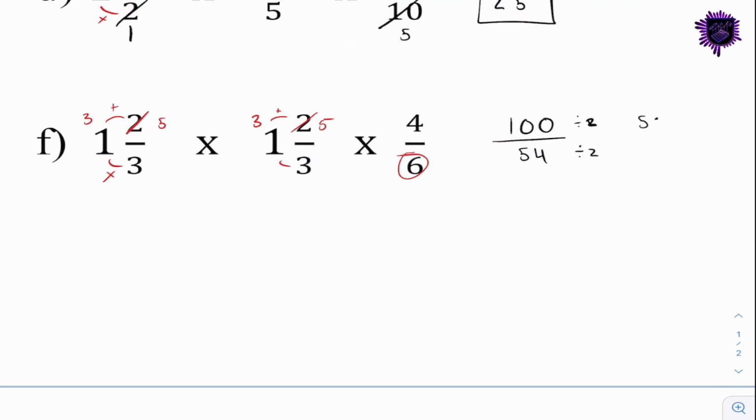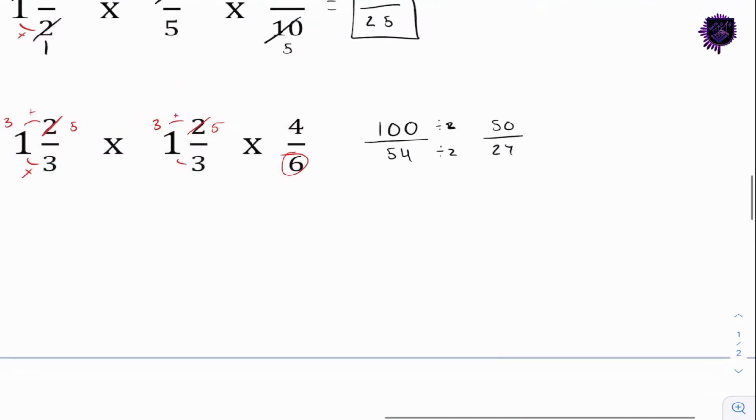It's going to be 50 over 27. This is going to equal 1 and 23/27ths. 50 minus 27 is 23. Yeah, that's it.